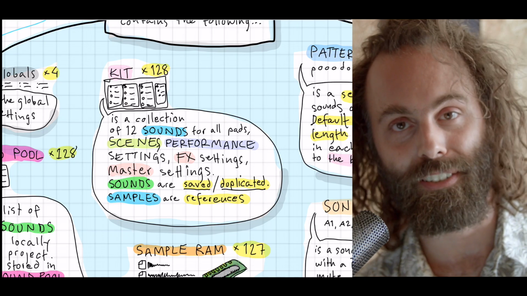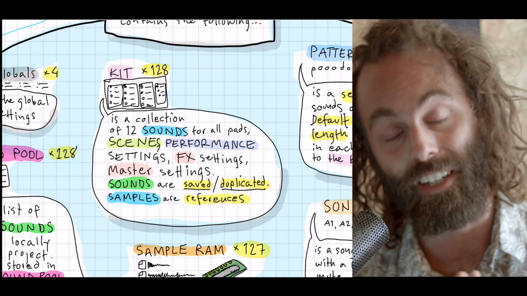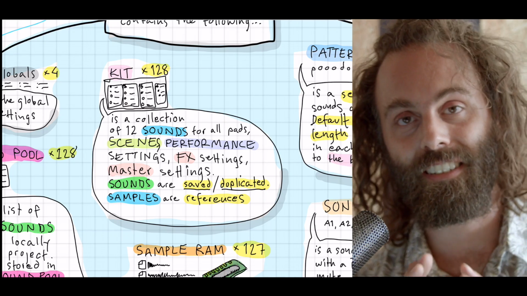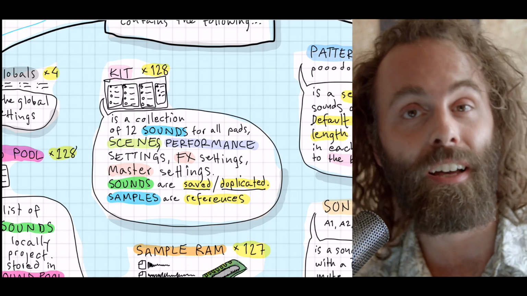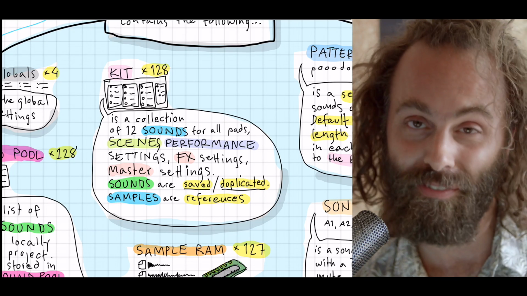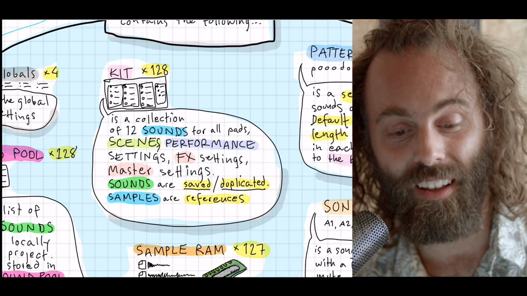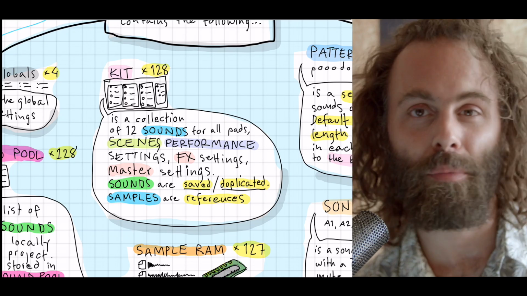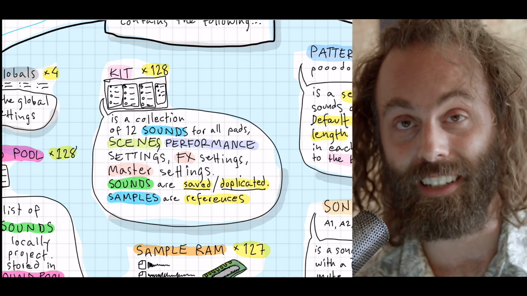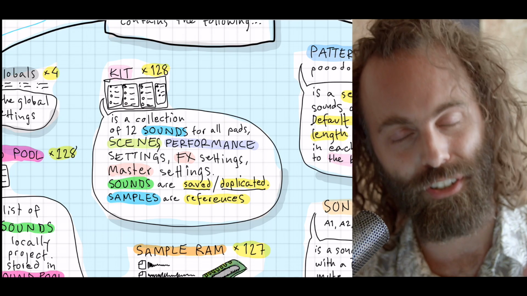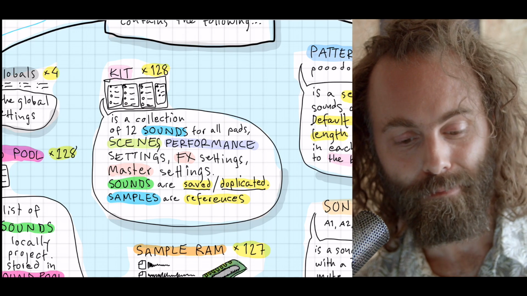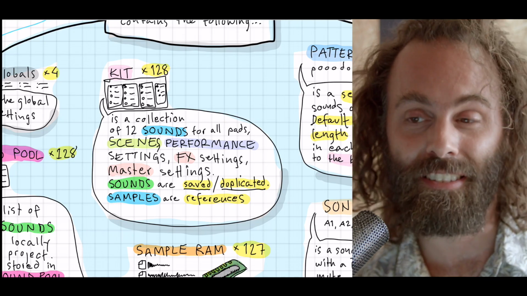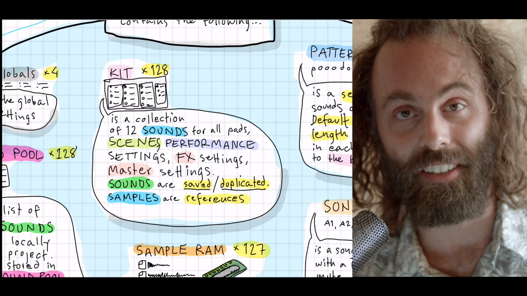Samples are referenced. So samples are, again, not duplicated. It's referenced. So if you've spent a lot of time creating your kit, which might very well be the case, I mean, maybe some scenes and performance settings are really delicate and specifically made for just this kit, then it might be good to use this as a template for the next time you're making a kit.